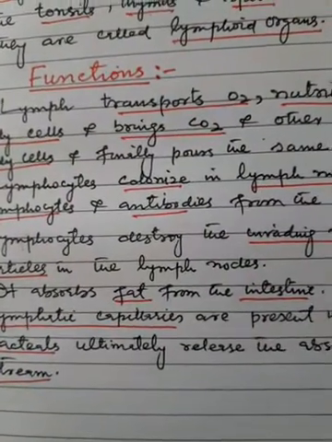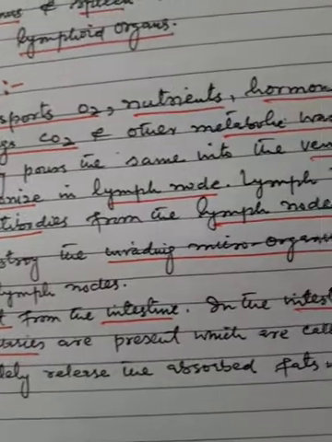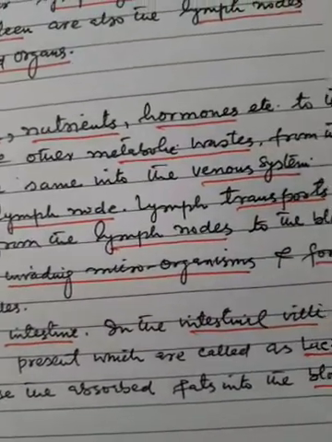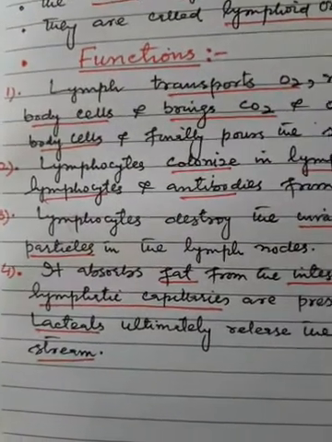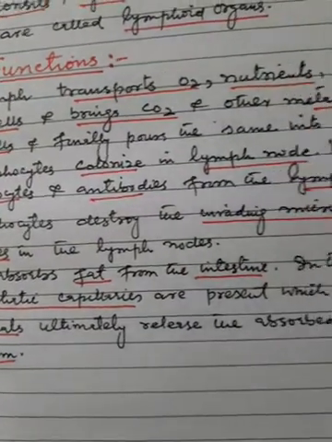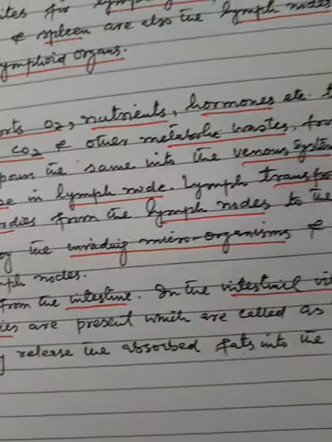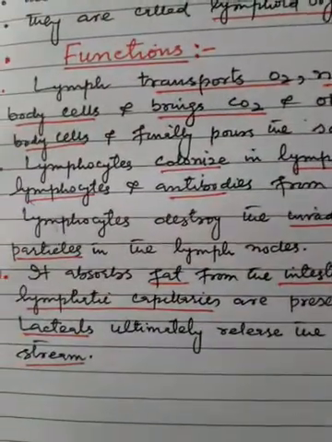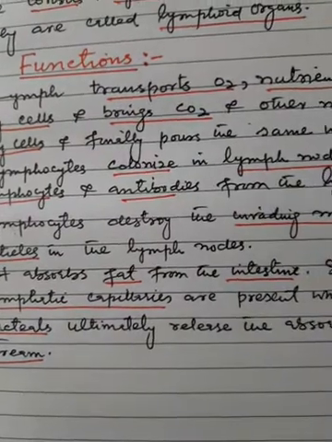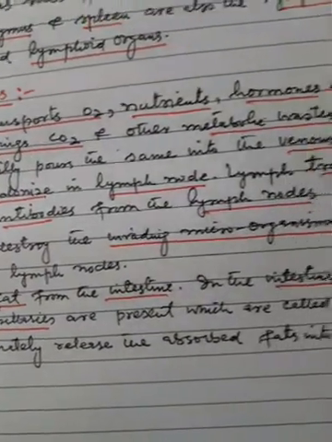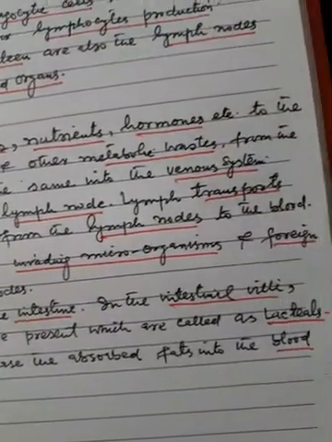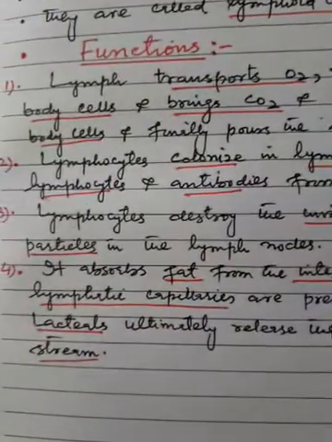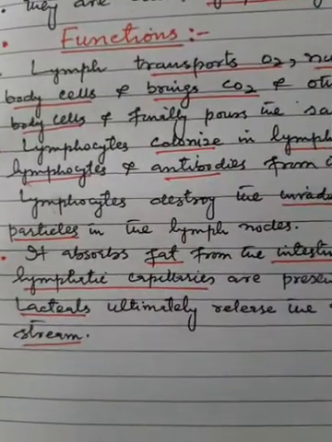Lymphocytes colonize in lymph node. Lymph transports lymphocytes and antibodies from the lymph nodes to the blood. Lymphocytes destroy the invading microorganisms and foreign particles in the lymph nodes.